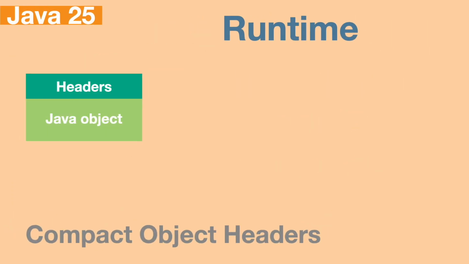The next Java update is compact object headers. It aims to reduce the memory overhead of Java objects by making their internal structure more space efficient. In the JVM, every object has a header that stores data like identity, hash code, locking state, and garbage collection metadata. These headers used to take a fixed amount of memory, typically 64 bits, even if much of that space wasn't actually needed.